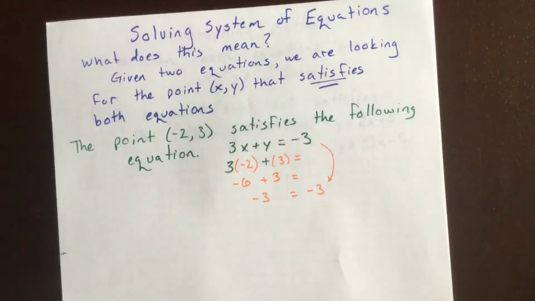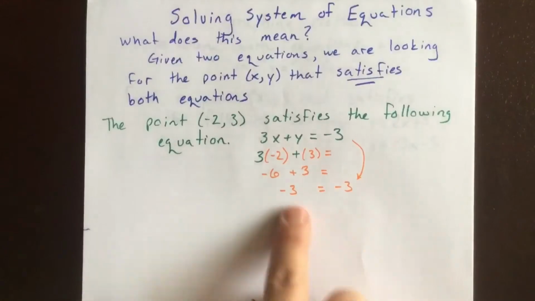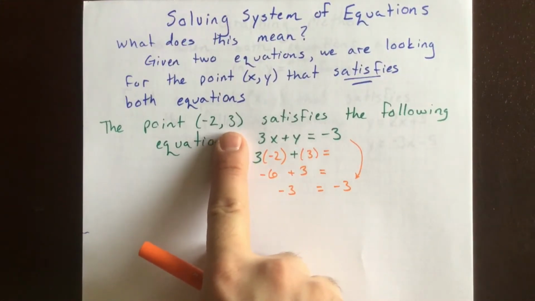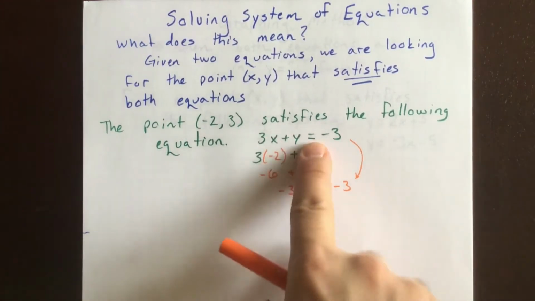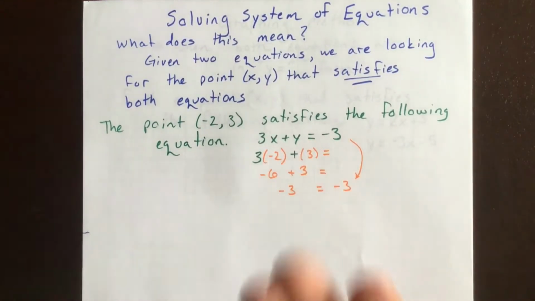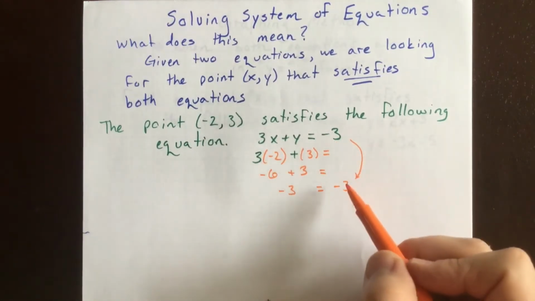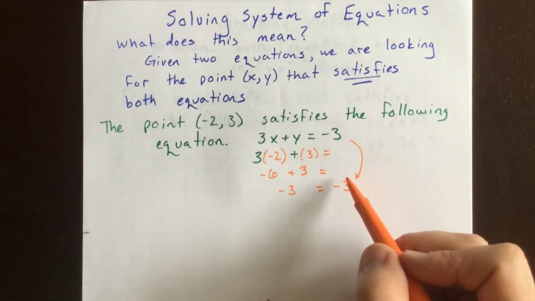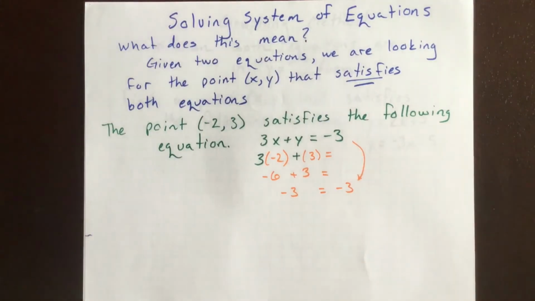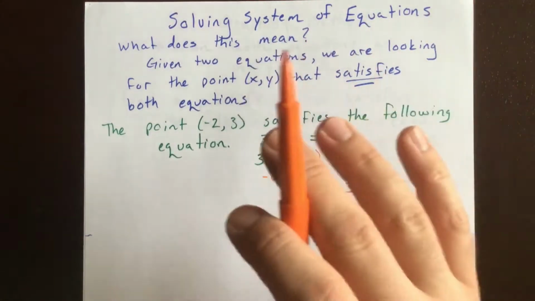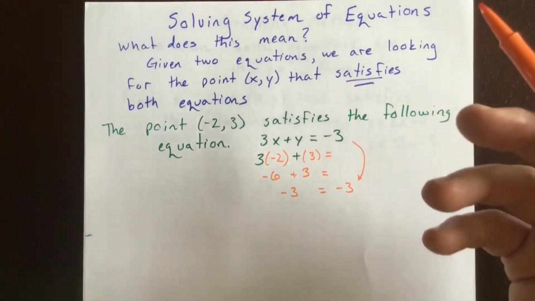So when a point satisfies an equation, that will happen. If I were to plug in (0, 3), it would not satisfy it, because what I get on the left side would not equal what's on the right side. So to satisfy an equation just means that when placed in, both sides of the equation are equal to each other.